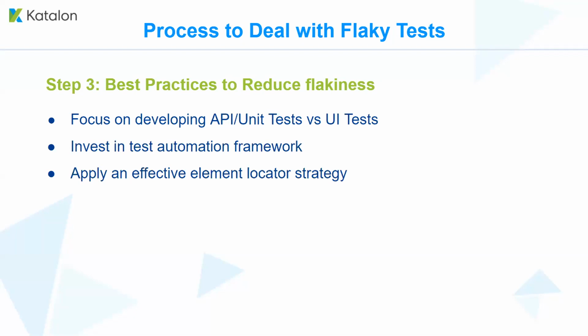So make your test execution framework as advanced as possible, because the more energy you put into advancing the framework, the better results you'll see in reducing flakiness and in reporting. And lastly, another key in reducing flakiness is to adopt an effective element locator strategy. I'm going to talk in depth about it in later slides, for example, not using XPaths and using a more native element locator strategy instead.